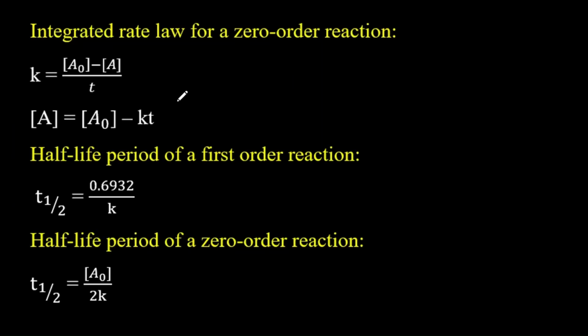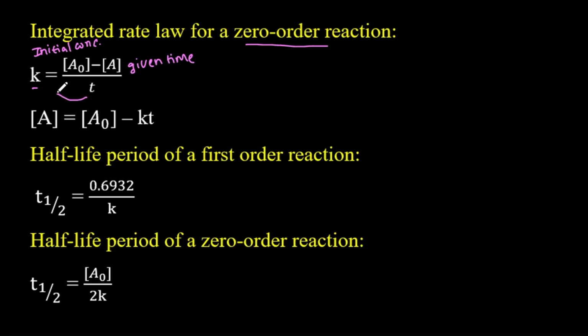The next important concept is the integrated rate law for the zero order reaction. Here you have to remember the formula. The rate constant of the zero order reaction is equal to the concentration of A naught, that is the initial concentration, minus the concentration at a given time, divided by t.